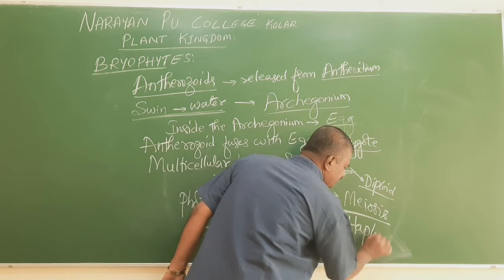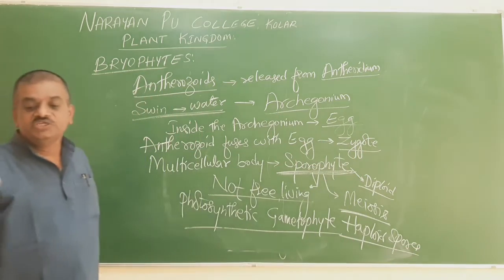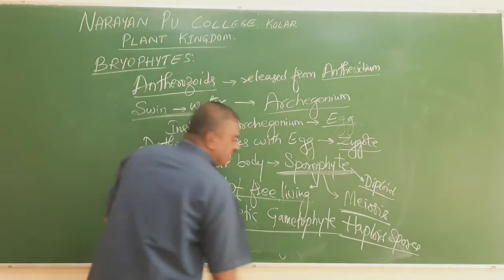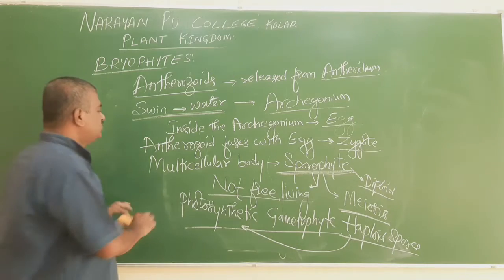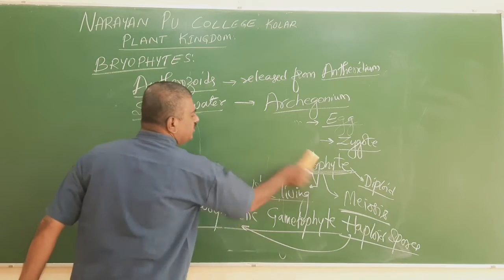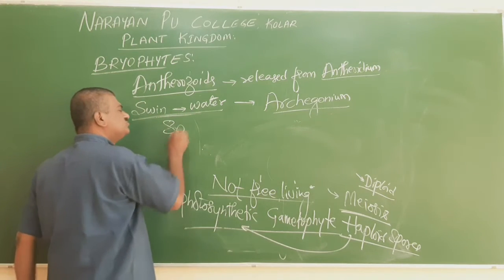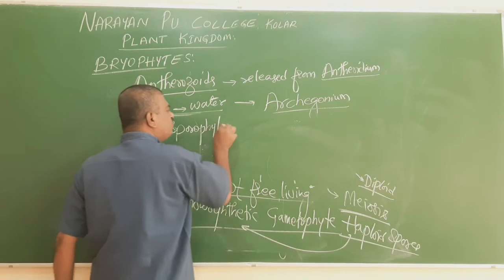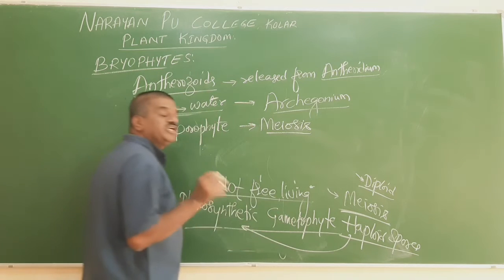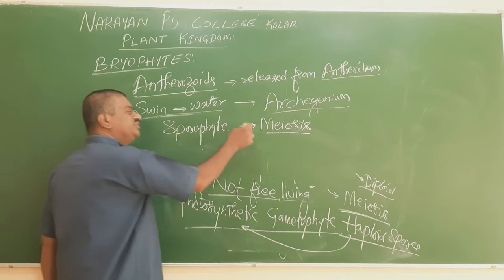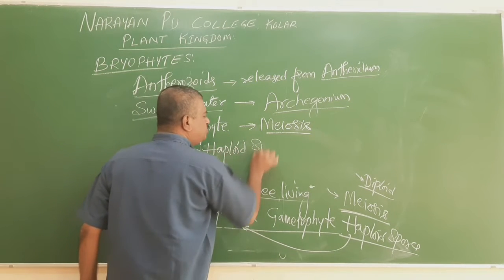Haploid spores are produced. Each spore has the capacity to produce photosynthetic gametophytes again, and the cycle repeats. The sporophyte undergoes meiosis, which is called reductional division, so it produces haploid spores.